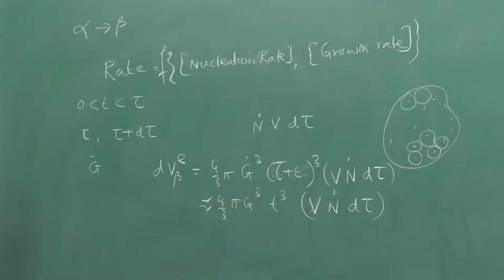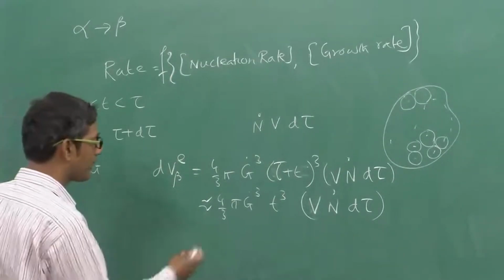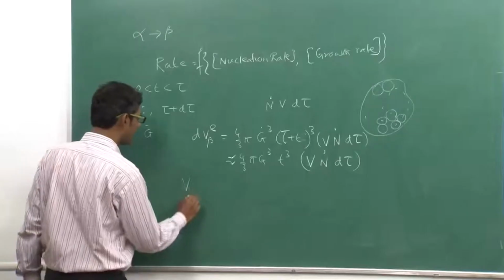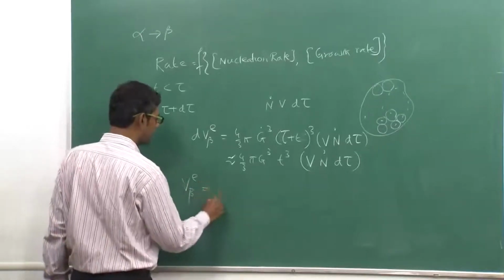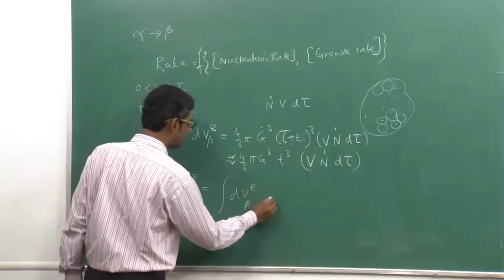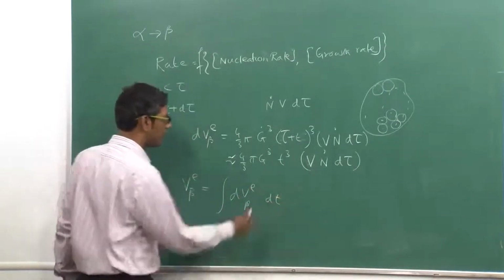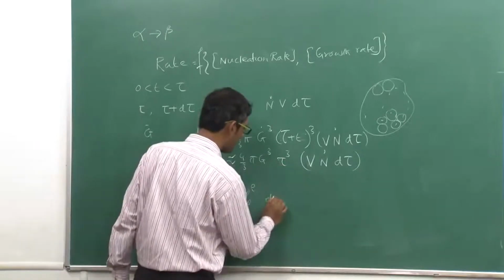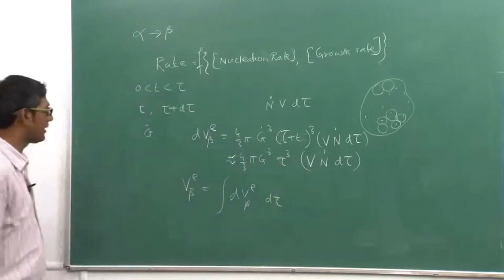So now if I integrate that, what will I get? Simply I get the transformed volume, that is equal to nothing but dV beta E, d tau rather, sorry, let us put tau, otherwise it will be mathematically not sound.